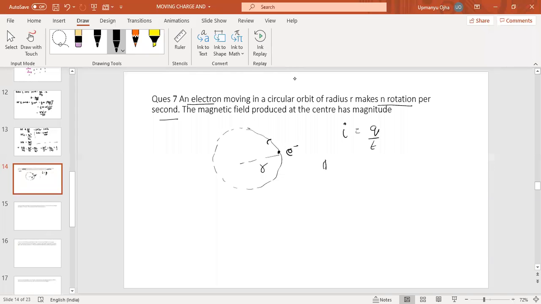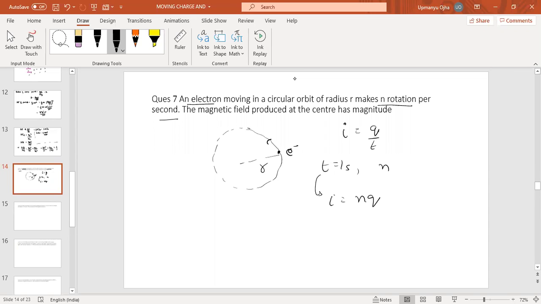If I take 1 second time, the number of rotations is n. So the current flowing will be equal to nq, because the electron is making n rotations in 1 second.